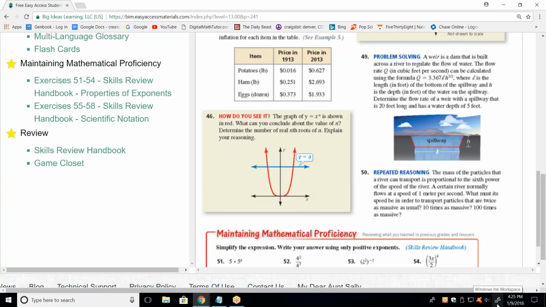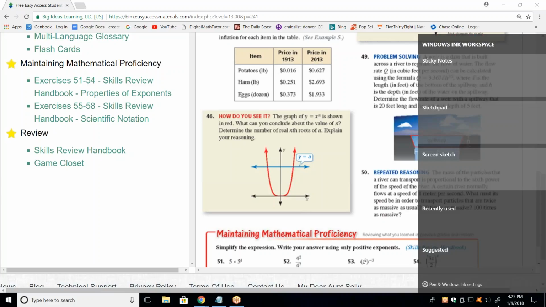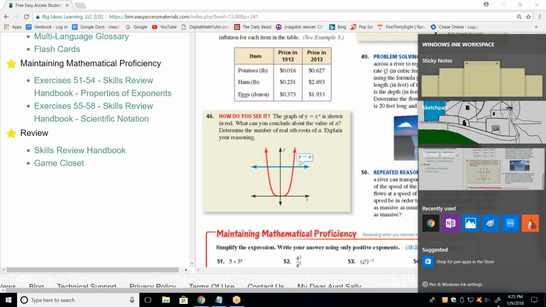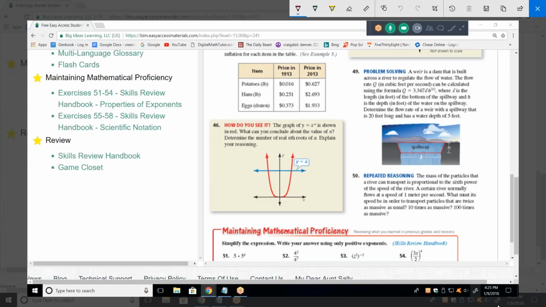All we have to do is the formula is Q equals 3.367 times L times H to the 3/2. Okay, and then they're going to tell you what L and H are.